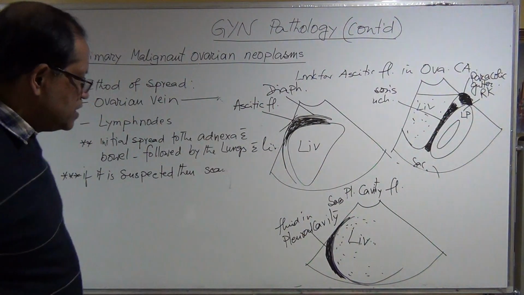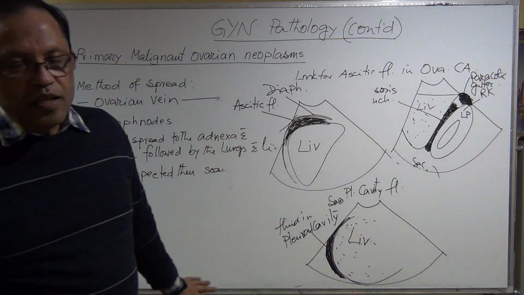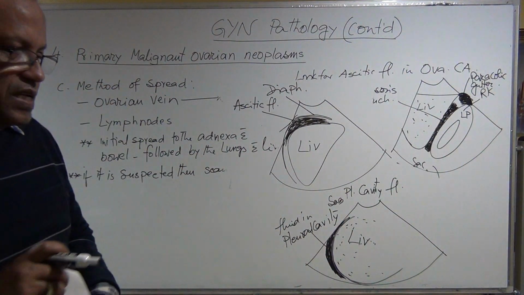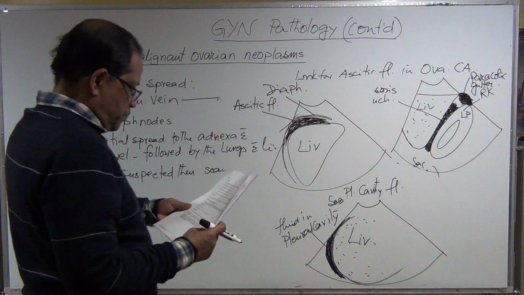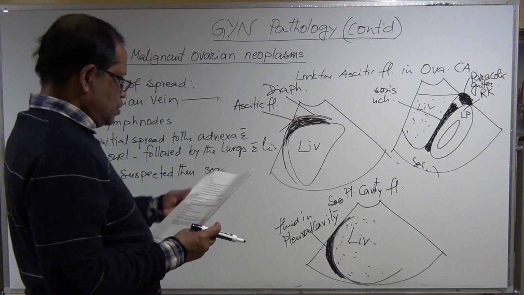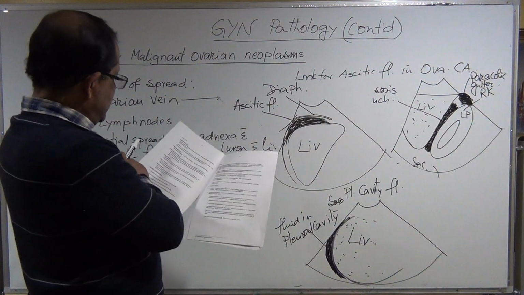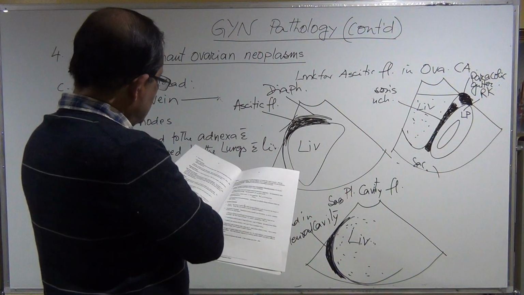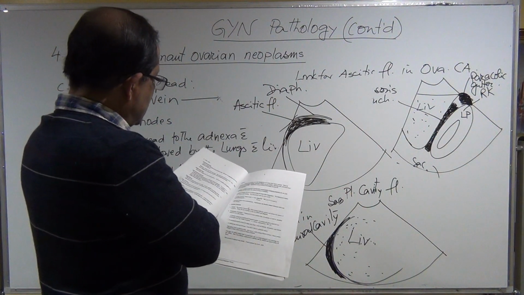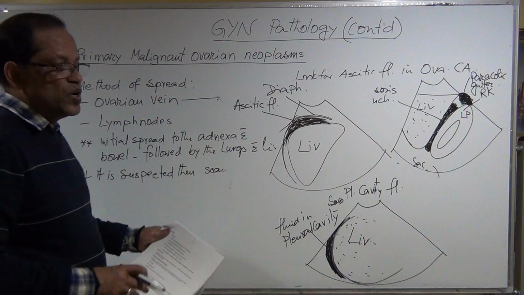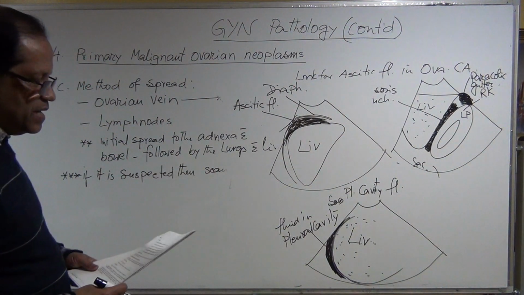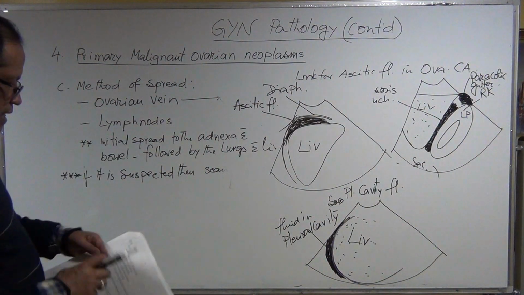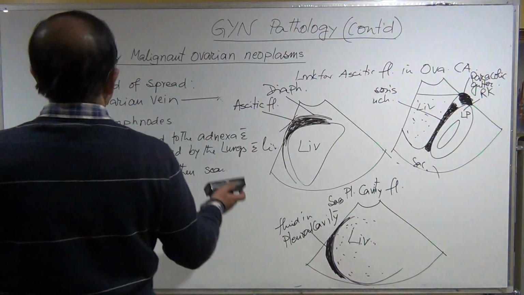Okay, so I showed you all areas that may have fluid collection in ovarian cancer. I will draw the primary ovarian cancer, and before I draw that, I will give you the tumor types, cancer or malignant primary cancer in the ovary. Okay, so you got that.